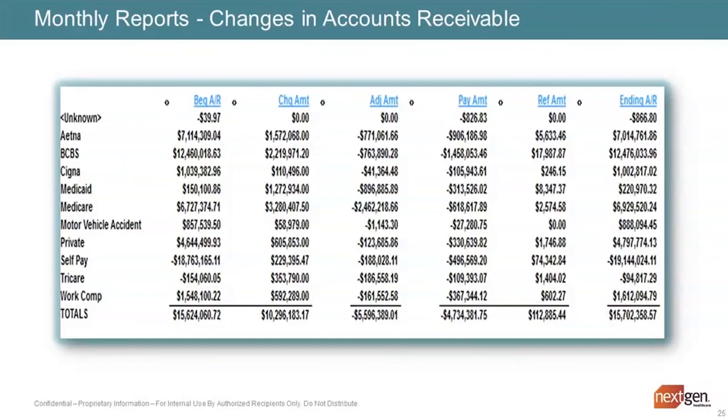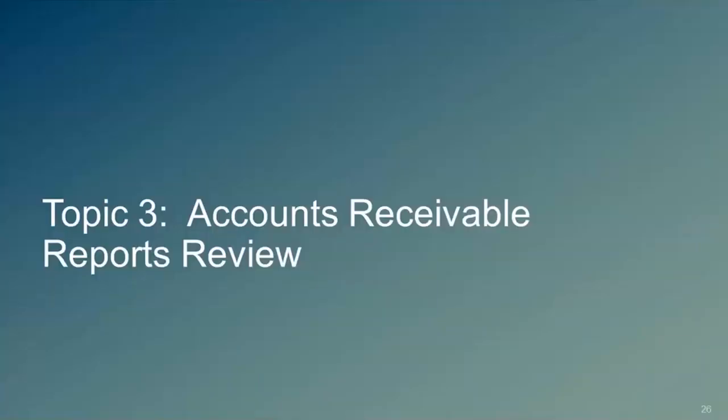So beginning AR, all the transactional activity that happened, and then that gives me my AR for that particular month. And this one is called the changes in accounts receivables. So that would be a monthly report to see that beginning, transpiring activity and then the ending.